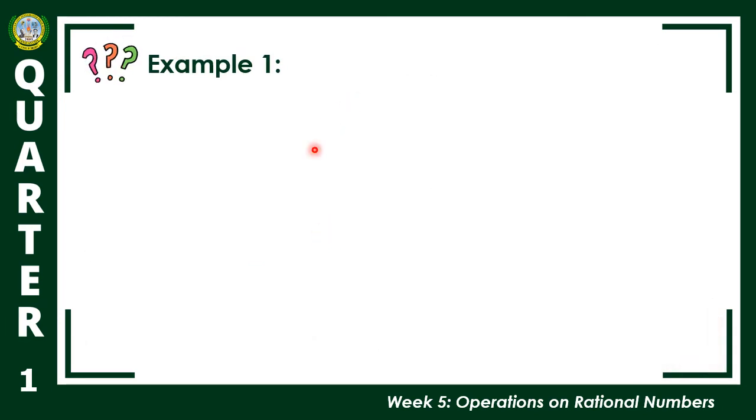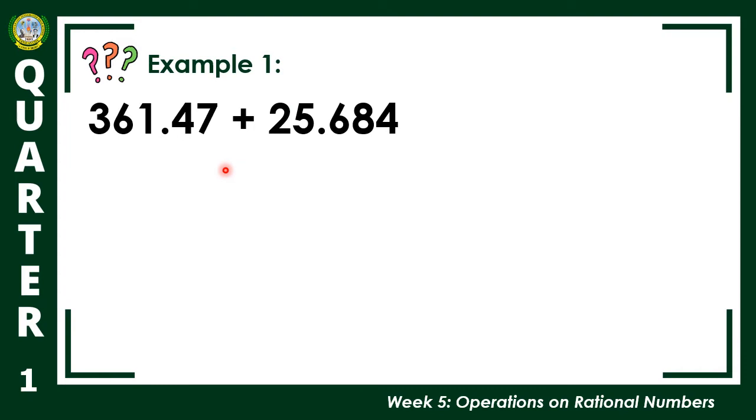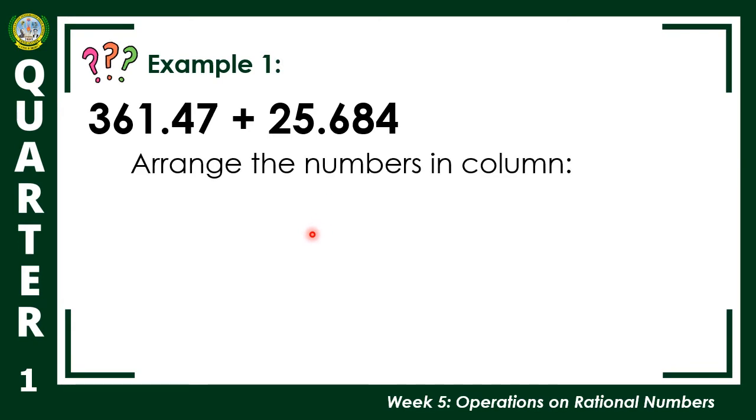So, let's have our first example. What is 361 and 47 hundredths plus 25 and 684 thousandths? Okay? So, based on the given rule or instruction po, we have to arrange the numbers in column. So, isusulat natin siya ng pa-vertical po.